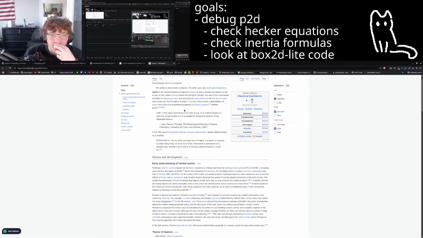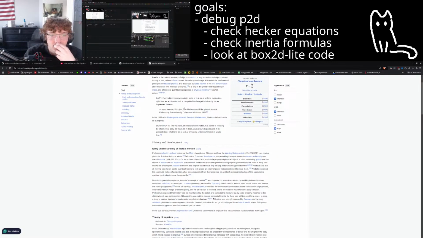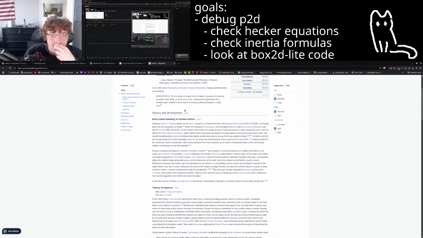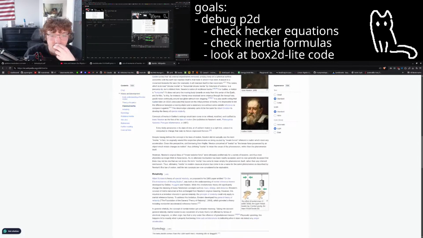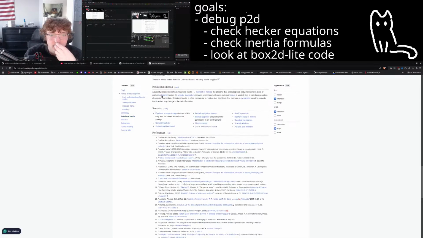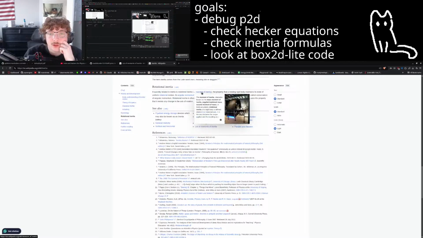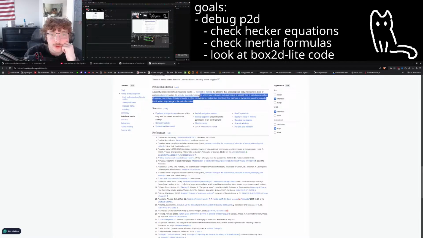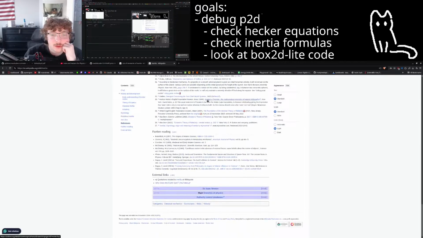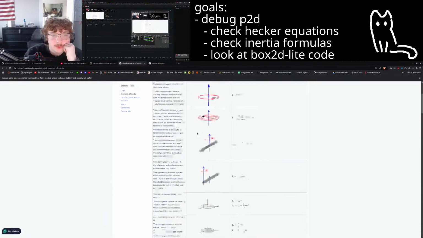Objects stay in motion. Yes, that makes sense. But as far as how the inertia is derived, moment of inertia, mass moment, angular rotational mass. Angular momentum remains unchanged. Conservation of angular momentum. So maybe it says up here.